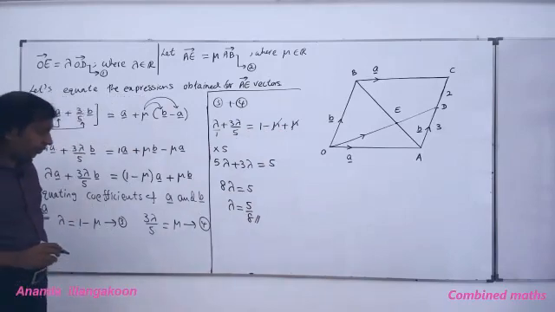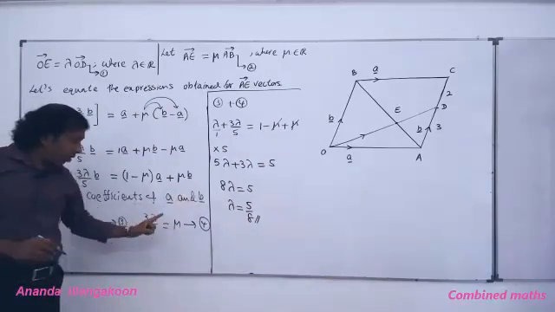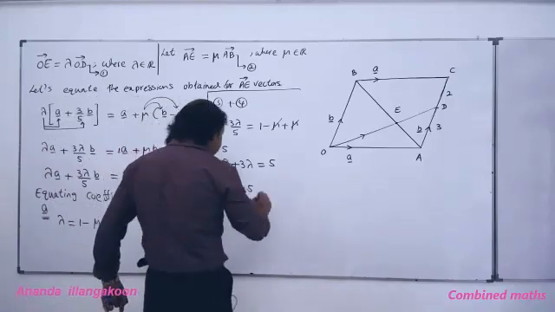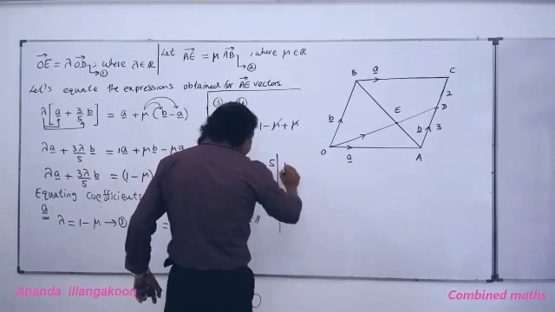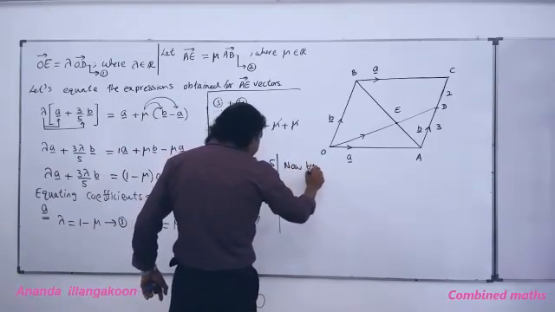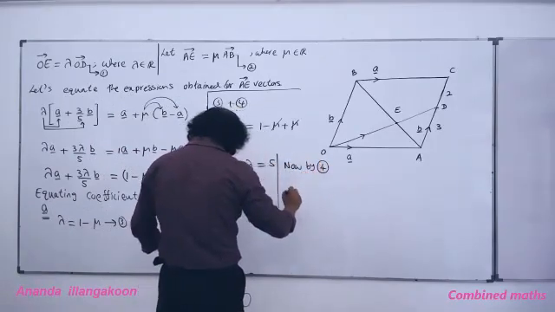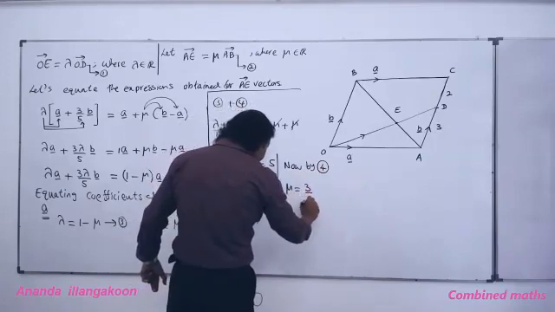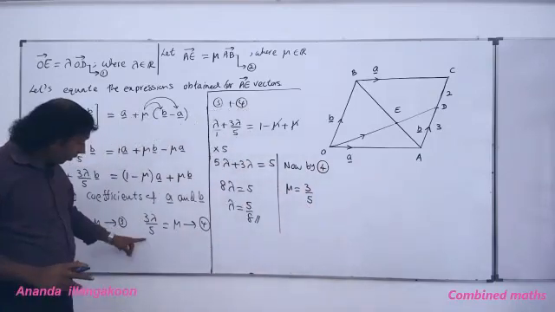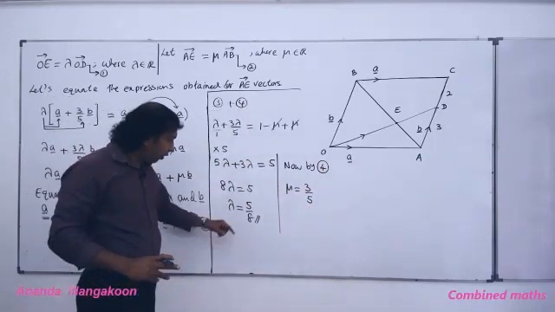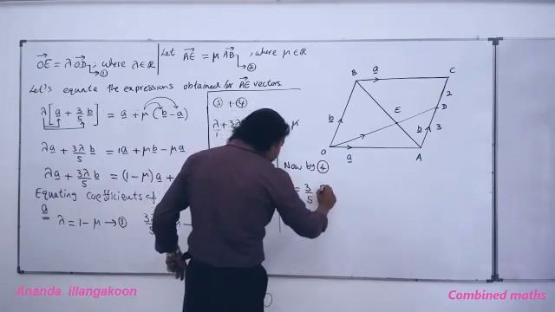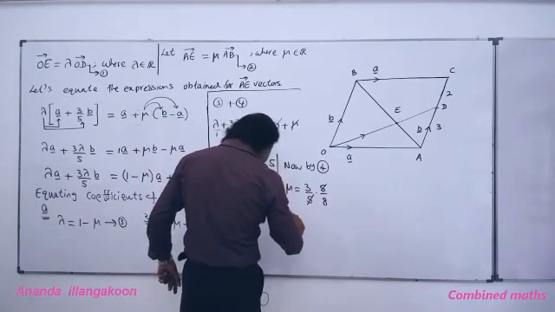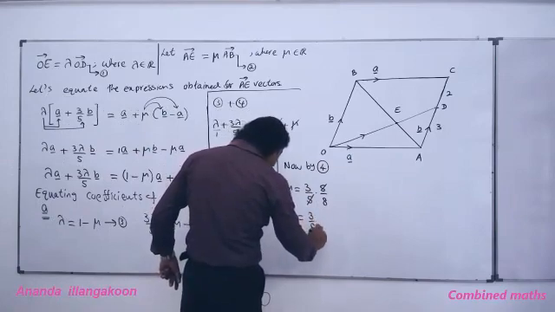Then to find mu, we substitute that lambda directly. By equation 4, we can write mu equals 3 divided by 5 lambda. Lambda is 5 by 8. This 5 and this 5 can cancel down, so mu comes as 3 by 8.